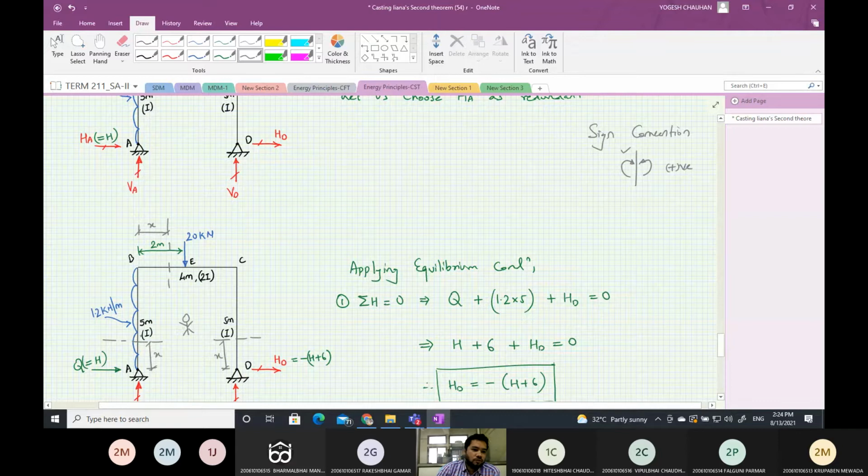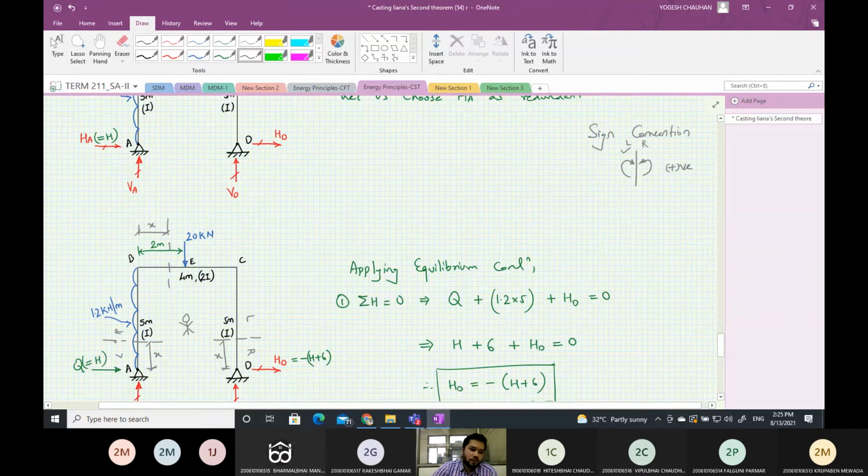So when you look this way, this will be the left of the section and this will be the right. On this side, this will be the left side, and this will be the right side.